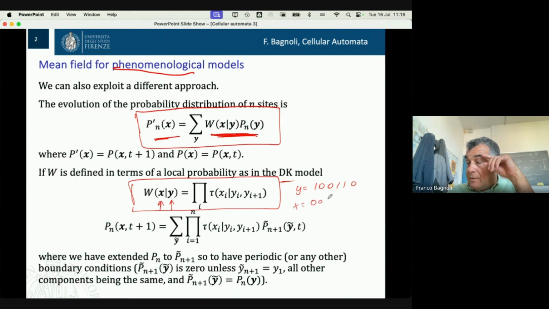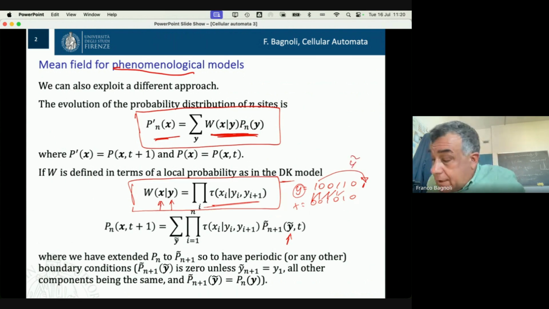X is say 0, 0, 1, 0, 1, 0. So in order to observe given Y in the configuration X, the probability is computed by taking the probability of going from 1, 0 into 0, times the probability of going from 0, 0 into 0, times the probability of going from 0, 1 into 1, etc., etc. And so we can write, technically, we need to also insert periodic boundary conditions, so we have to extend the configuration Y to Y tilde.